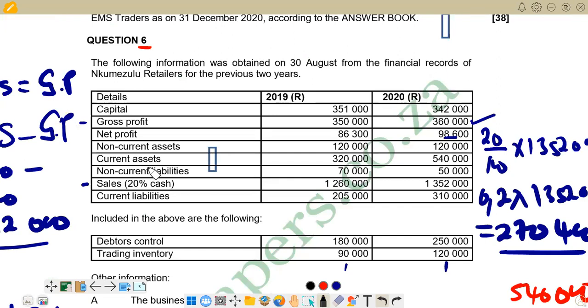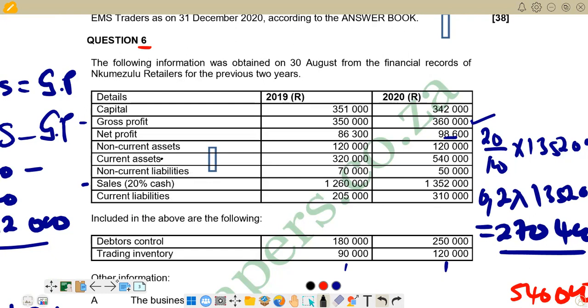To get our total assets, we say current assets plus non-current assets. So here, current assets, we've got 540 plus 120 for non-current assets. Then we get our total assets. Total liabilities, we add our current liabilities plus non-current liabilities. So current liabilities of 310,000, non-current we put 50,000. We add the two, then we get the total.